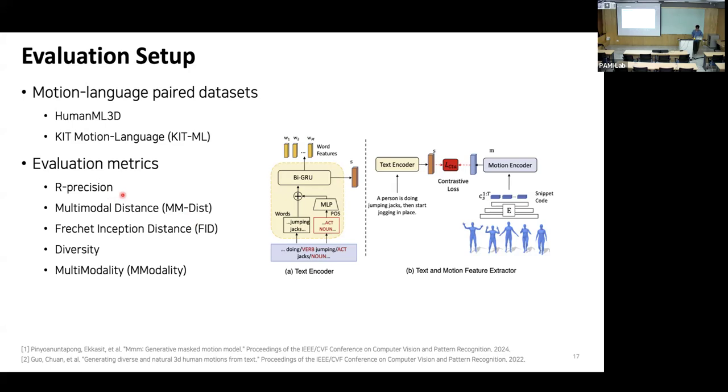Then we calculate the Euclidean distance between the motion features of the generated motion and the features from the ground truth text and the other negative text descriptions.